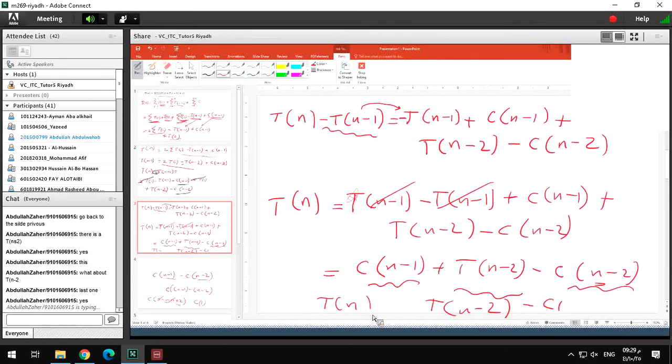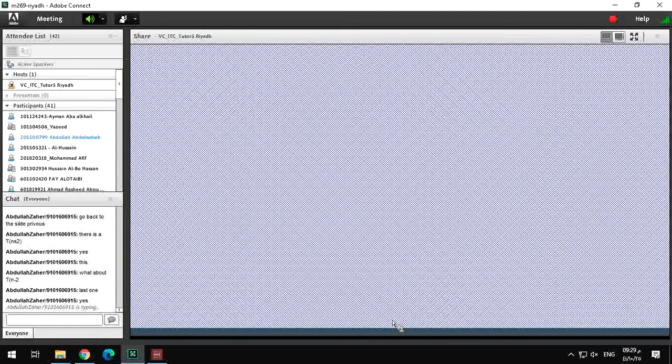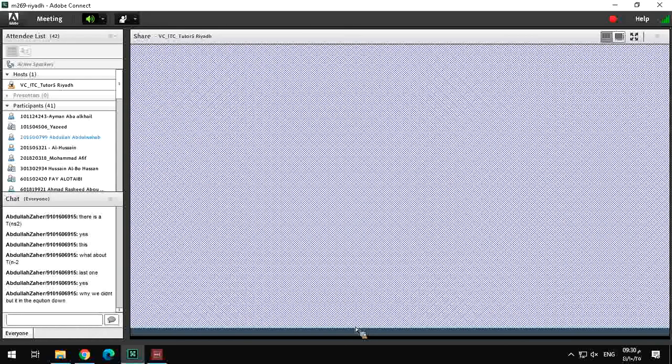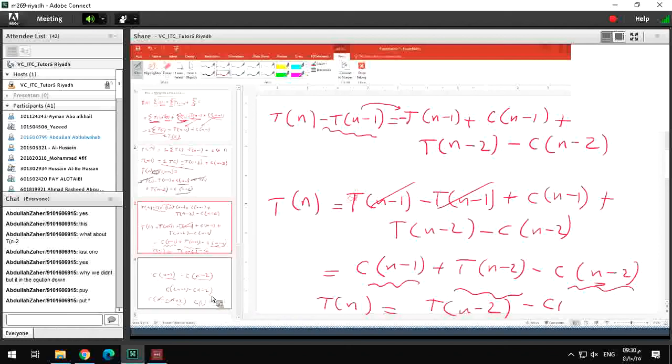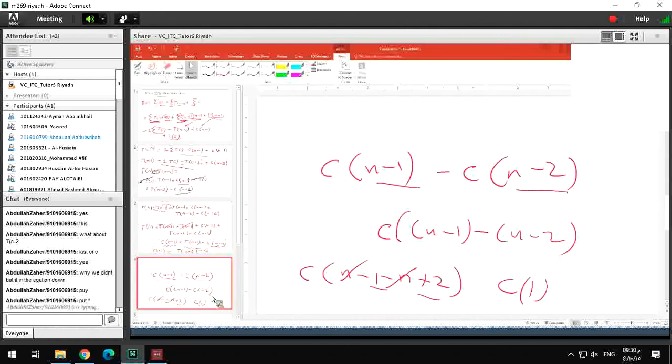Tn equals Tn minus 2 minus C1. Why we did not put it in the equation here, you mean?